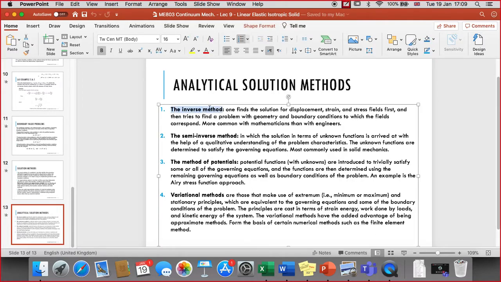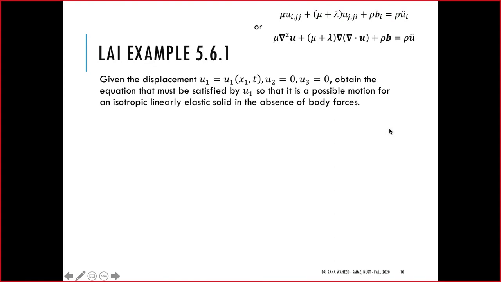I'm going to use an example of the inverse method, in which I'm already going to start with an assumption of the displacement field. मैं assume करती हूँ कि मेरे पास कोई ऐसी situation हो जिसमें I only have my u1 component that exists, that is non-zero, or even more specifically, this u1 actually only depends on the x1 component. ठीक है जी.